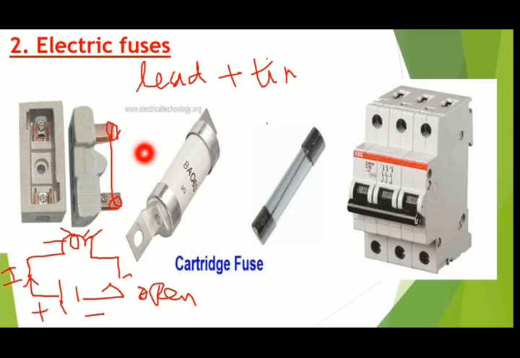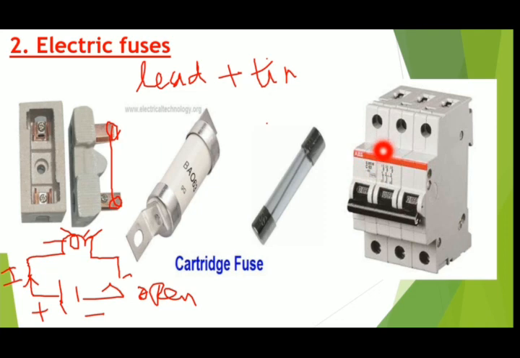The only disadvantage with the above fuse is that once the fuse wire is burned due to excessive current, it needs to be replaced. Nowadays, in house circuits, the circuit breaker or tripper, we call it MCP, is also used instead of fuses.